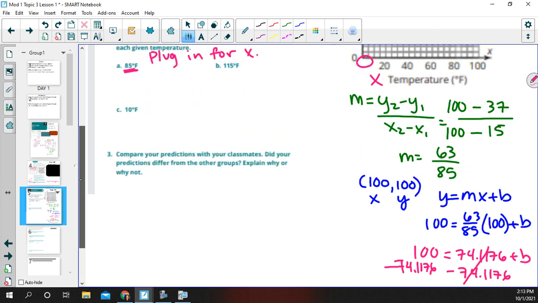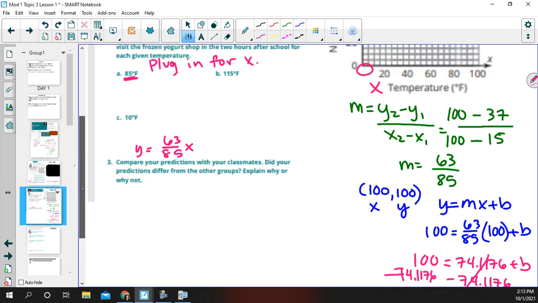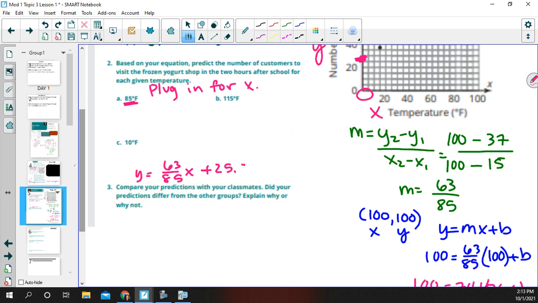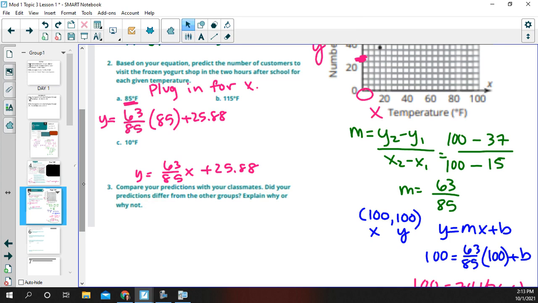Y equals 63 over 85x plus 25.88. Okay, so what I'm going to do, y equals 63 over 85x plus, I'm going to plug in that x value now. So times 85 plus 25.88. Here's how I'm going to do it.